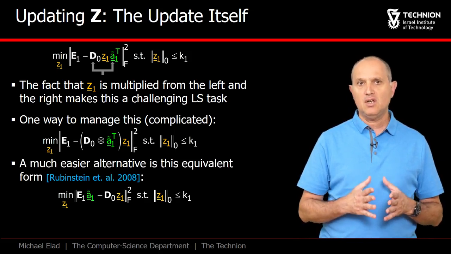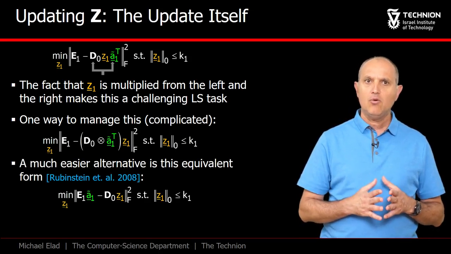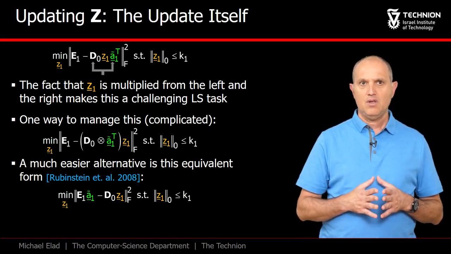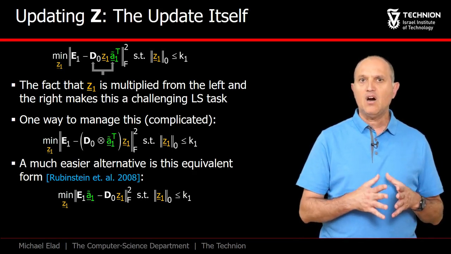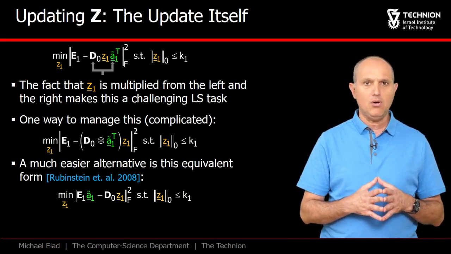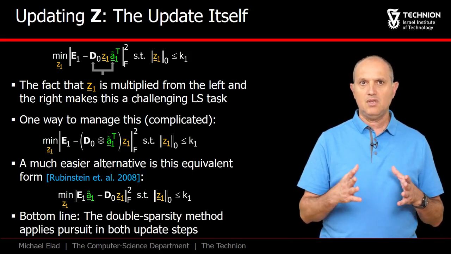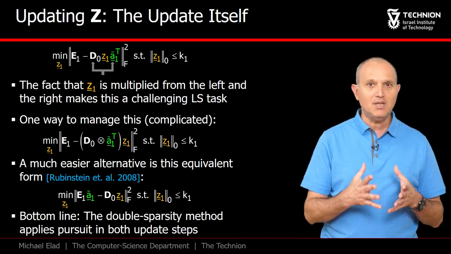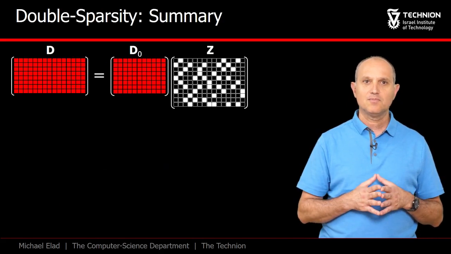A much easier and completely equivalent alternative was discovered by Ron Rubinstein as described here. The sizes involved now are very low, and solving for Z1 could be easily done by OMP or basis pursuit. So in this double sparsity algorithm, both the pursuit stage and the dictionary update stage apply pursuit.